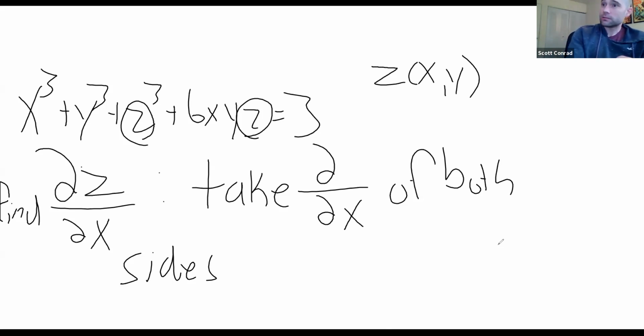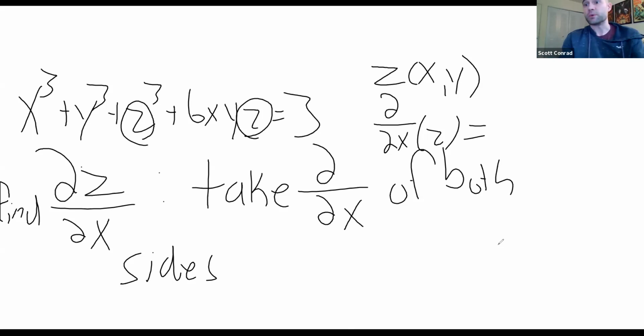Whenever you see z by itself, when you take the partial with respect to x, it just becomes the partial of z with respect to x. But if we have z cubed, we're going to have to use a chain rule. We'll get to that in a second.